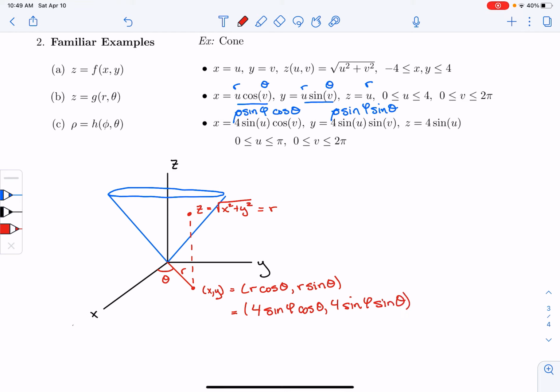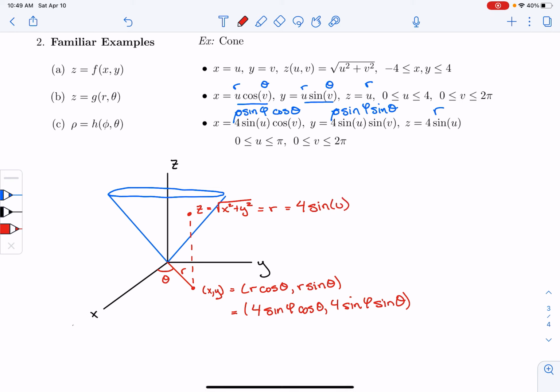And then we want to express z as z equal to r, and r is really what sits in front of the cosine v. So r is actually 4 sine of u in this case. So z equals r is 4 sine u.